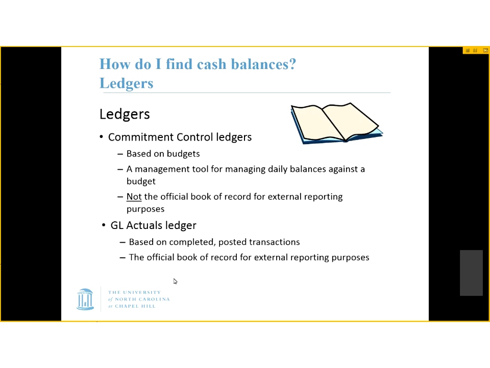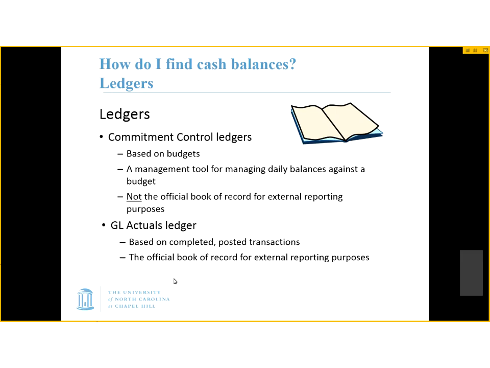So the point is that we have in Connect Carolina, and hence in our reporting, 2 ledgers where we record information. The first, we'll talk about this first anyway, is the commitment control ledgers. And commitment control is kind of synonymous with budgets, but these commitment control ledgers are based on how we budget.